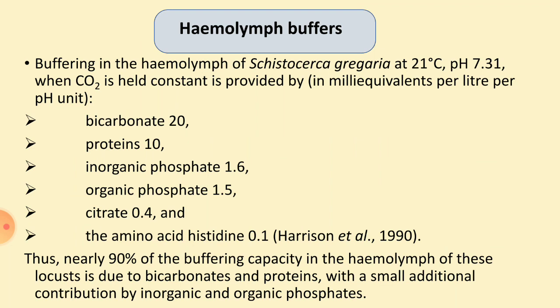It is in milliequivalents per liter per pH unit. So nearly 90% of the buffering capacity in the hemolymph of these locusts is due to bicarbonates and proteins, with a small additional contribution by inorganic and organic phosphate.